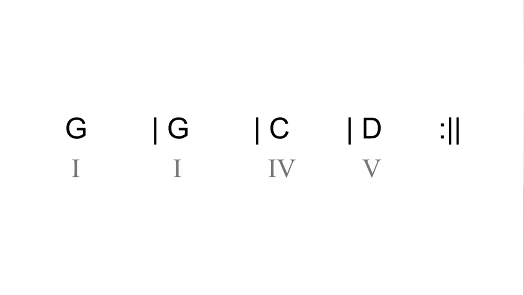Then the movement up to the 4th chord, C in this case, introduces a degree of tension which is then ramped up to the maximum by moving to the 5th chord, D in this case.